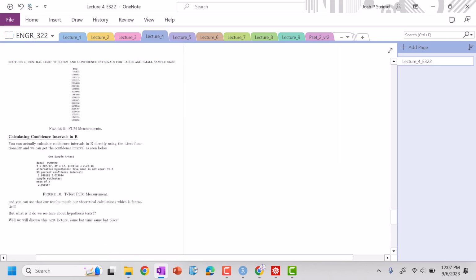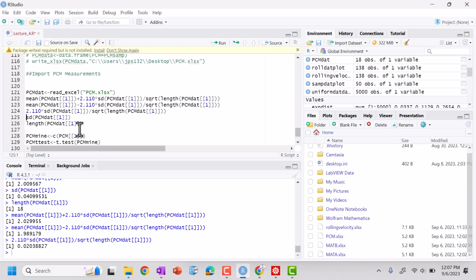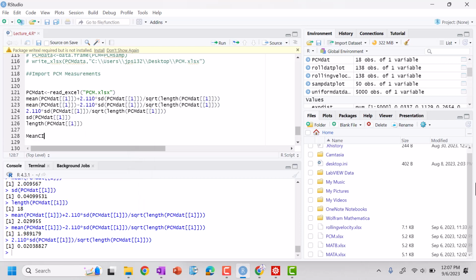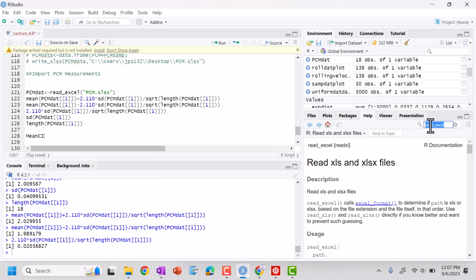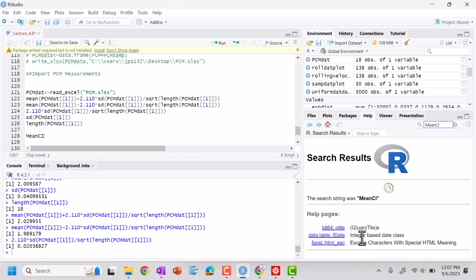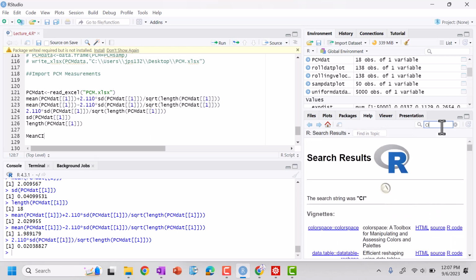Now, you can also double check this, and we can actually look at this in R. We can look at, and import some back. We can look at mean CI. Oops, I think we may need to import some things here. Mean underscore CI, or mean CI. Let's just look at CI, confidence interval.